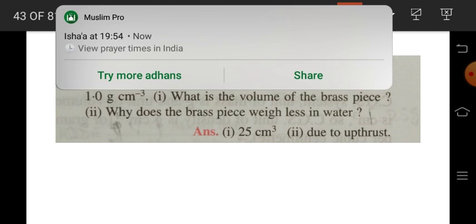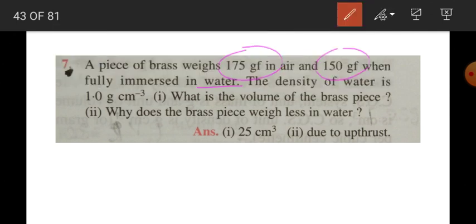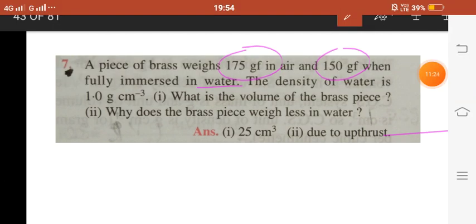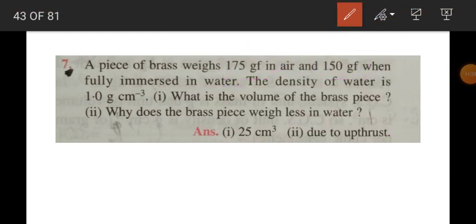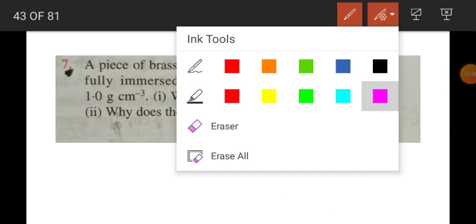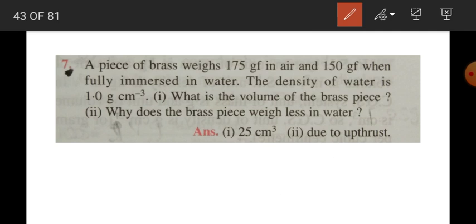Let's calculate the upthrust, then we can calculate the volume. What is the volume of the brass piece? Second, why does the brass piece weigh less in water? Due to upthrust. This is a concept based question. We know that weight in water is less because of the upthrust.